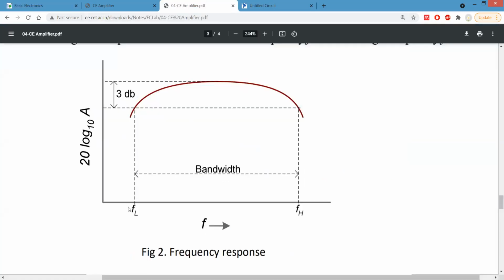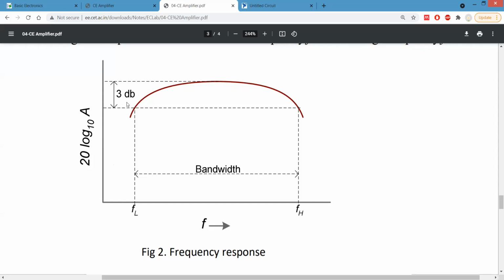Okay, so this is the thing we were talking about, the bandwidth of this amplifier. If we plot the gain of this amplifier in dB scale, are you aware of the dB scale?